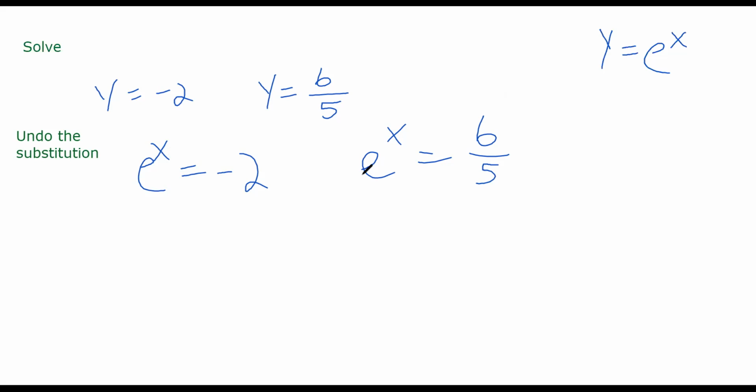And so now our variable x is in the exponent, but that's going to be really easy to remedy. If you want, you could take the natural log of both sides, or you can rewrite each in logarithmic form.